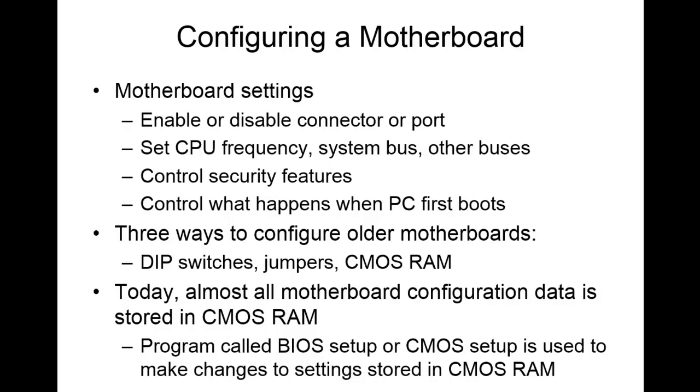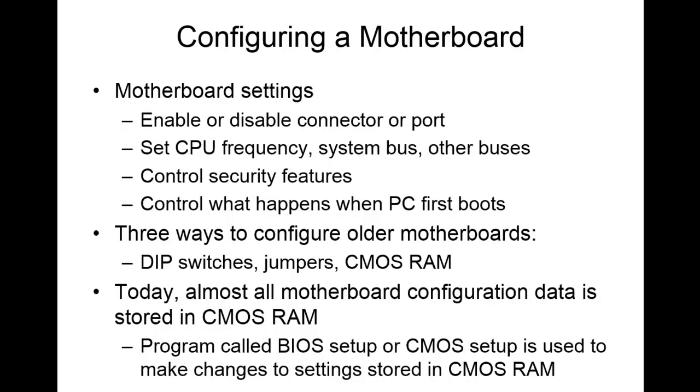The more convenient, more modern way that we do this is to store the configuration data in the CMOS RAM. In today's computers, almost all have that configuration data there. When I say CMOS, that acronym stands for Complementary Metal Oxide Semiconductor. CMOS RAM is a small amount of memory stored on the motherboard used to hold motherboard settings.